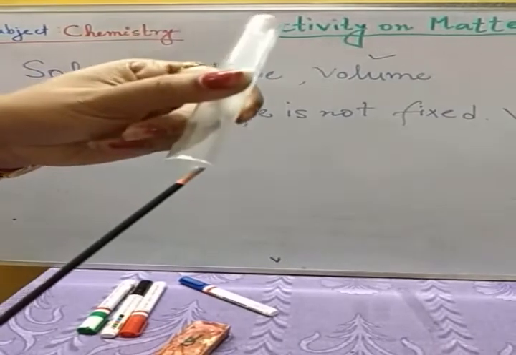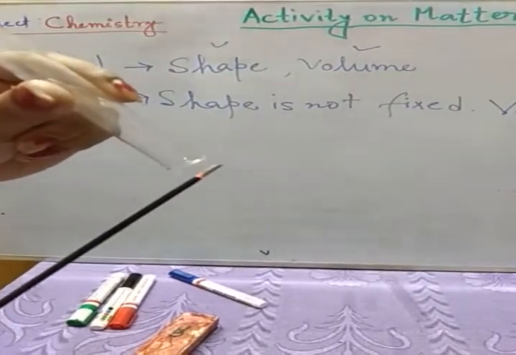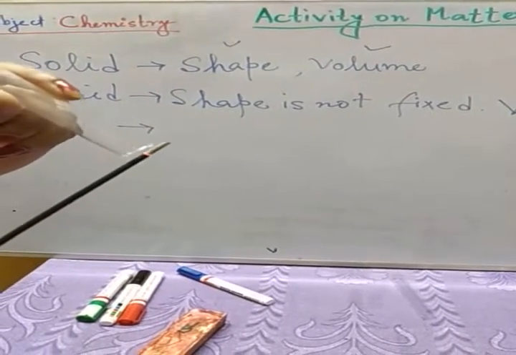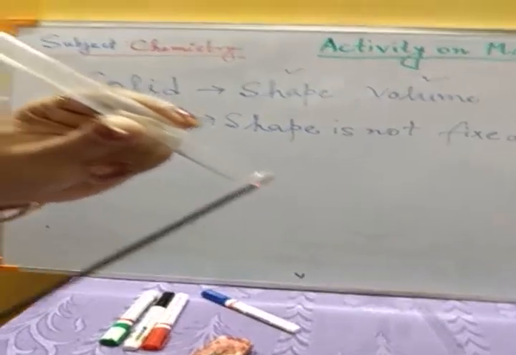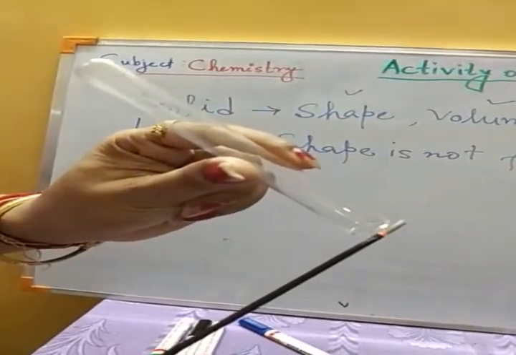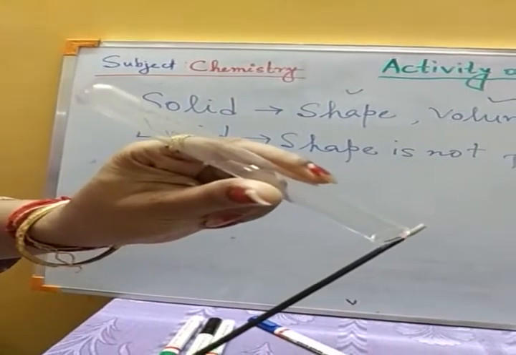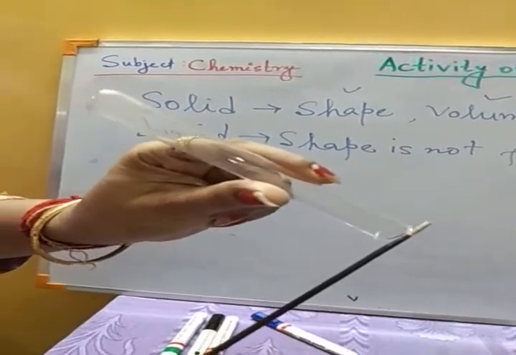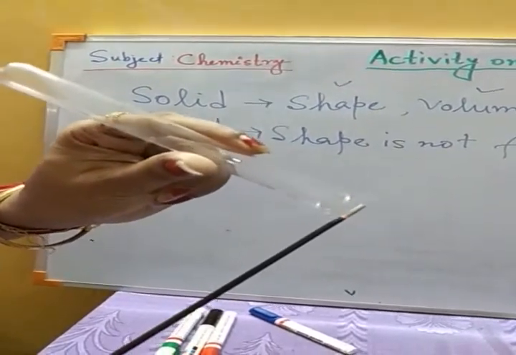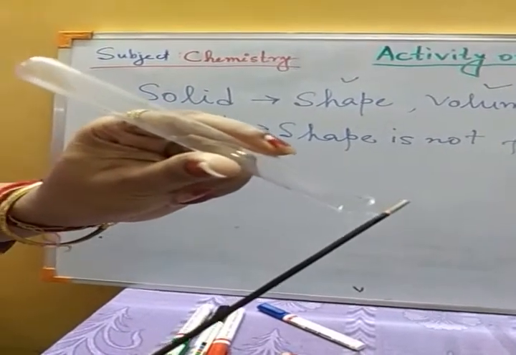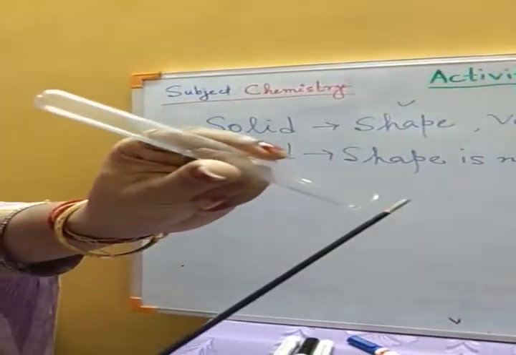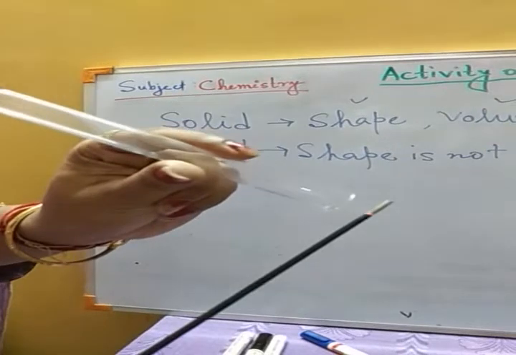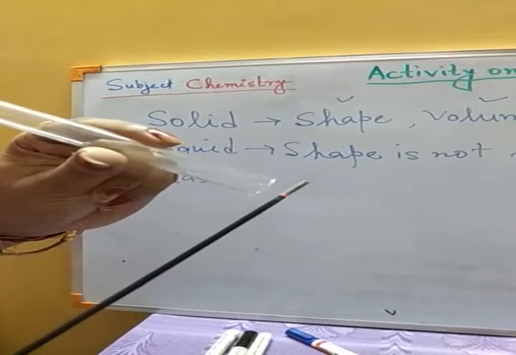You have to take the fume inside it, which can be treated as gas. So from this you can easily understand that gases do not have any fixed shape.